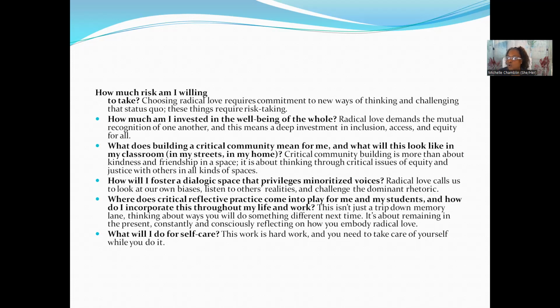These things require risk-taking. So how much am I invested in the well-being of the whole? What does building a critical community mean for me? And what will this look like in my classroom?